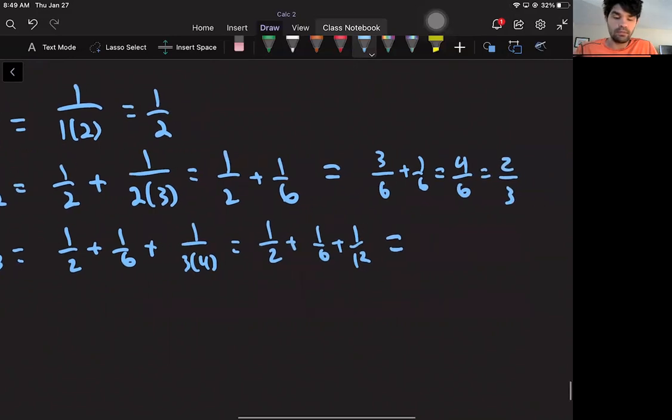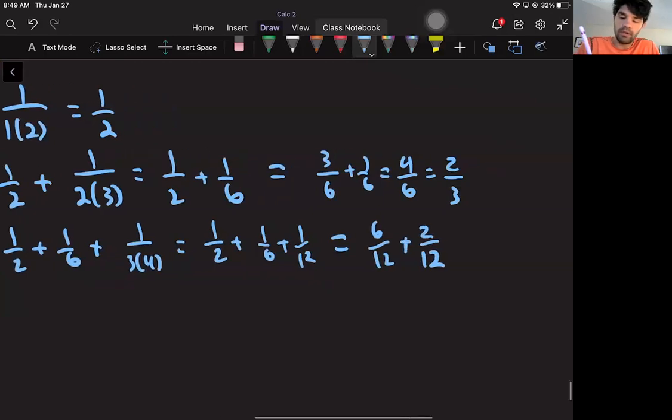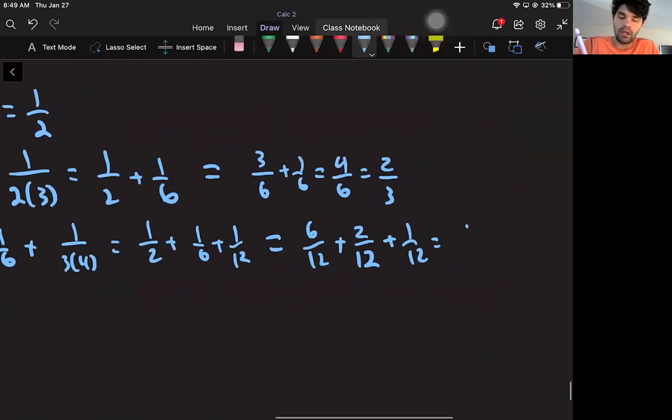And then the next one is going to be 6 over 12 plus 2 over 12 plus 1 over 12, which is 9 over 12, which reduces to 3 over 4.